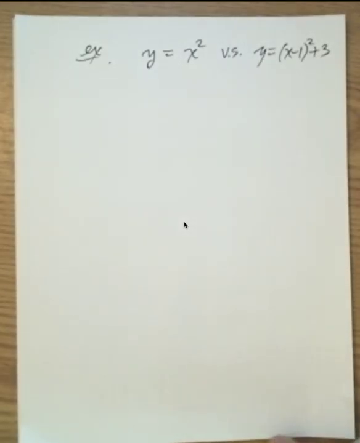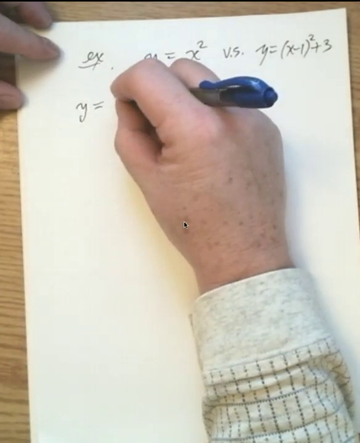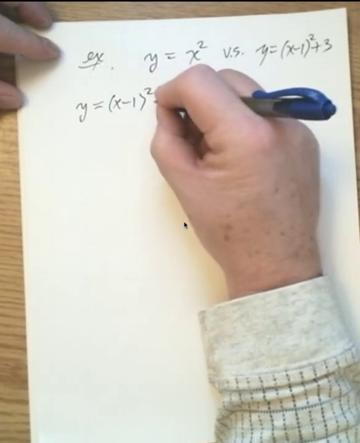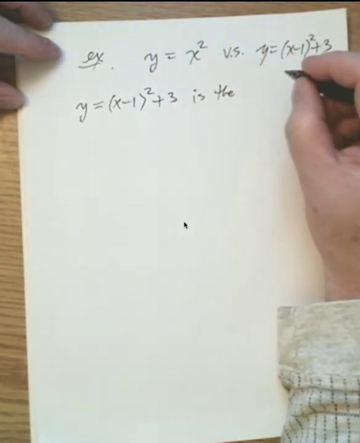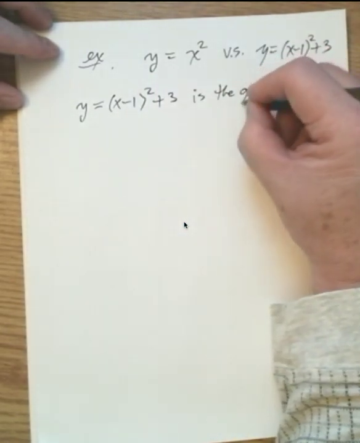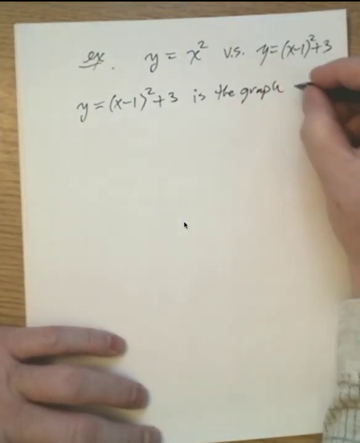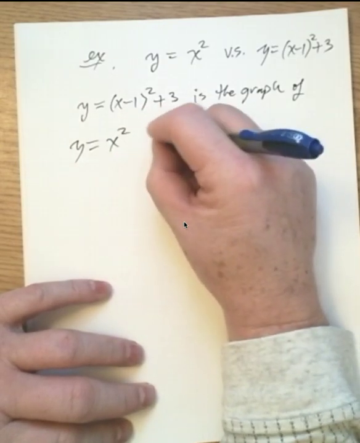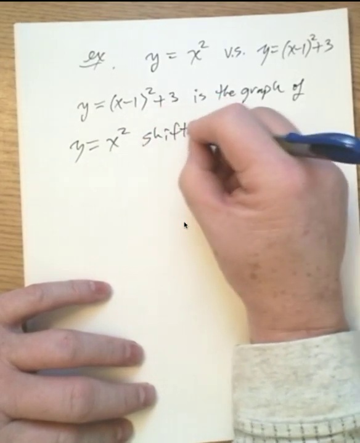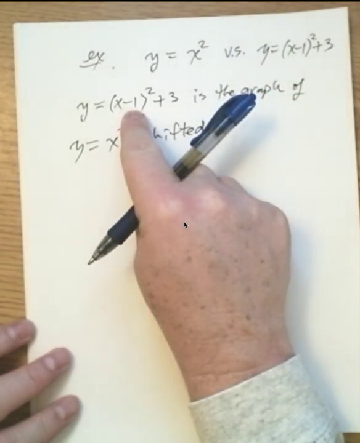Y equals x minus 1 squared plus 3 is the graph of y equals x squared shifted. Let's see. What did we establish? What's my a here? My a is 1. Remember, because it's x minus a, so a is 1.